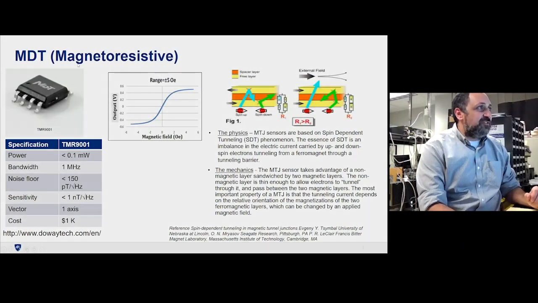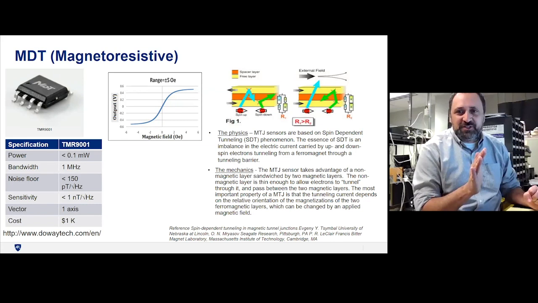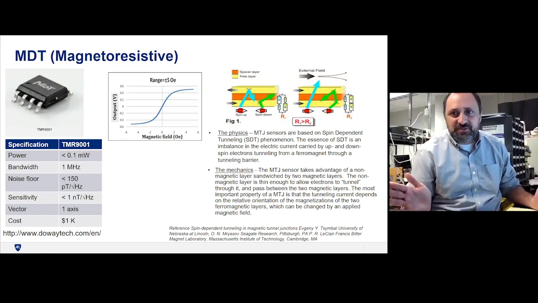No. Would you spend the kind of money? I'll go back to the slide. This is the fanciest magneto-resistive magnetometer, and it costs $1,000. The lowest end that you would use for that parking space application costs $5.